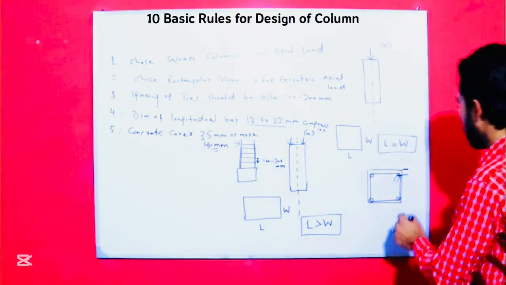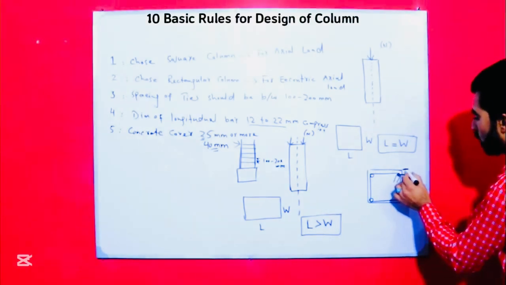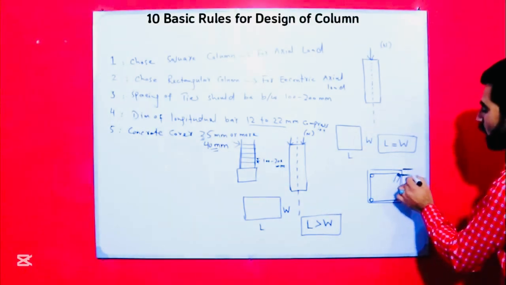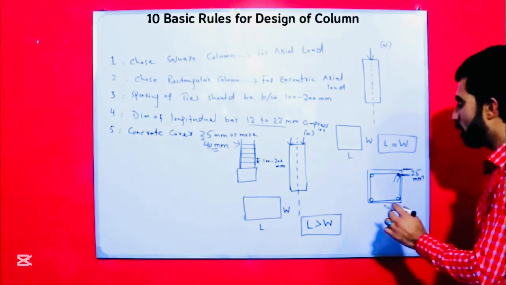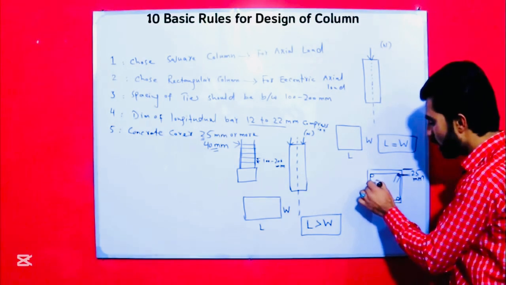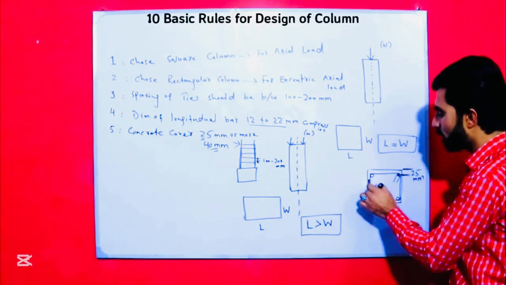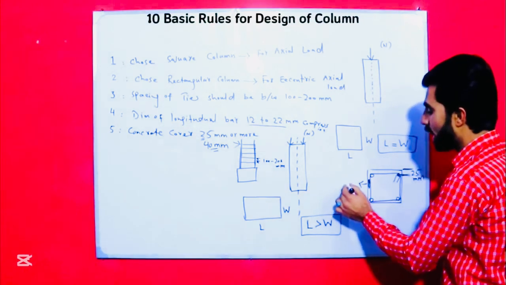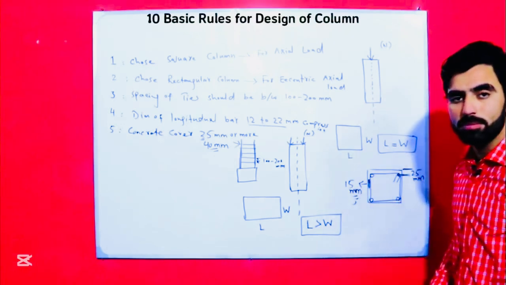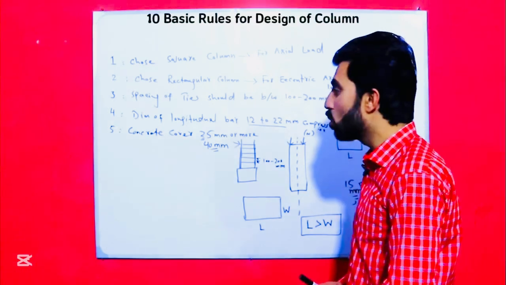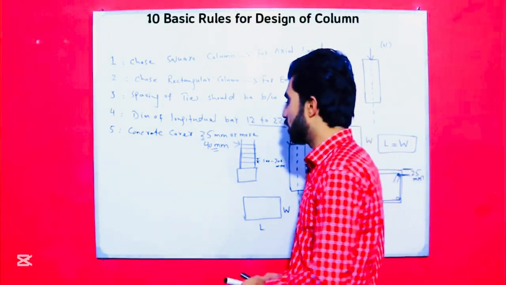Concrete cover from the center of the steel to the exterior point should be 25 mm. But here, not from the center, it should be not less than 15 mm. This is the other point. Basic rule of design of column.